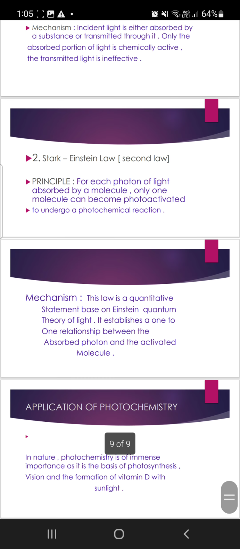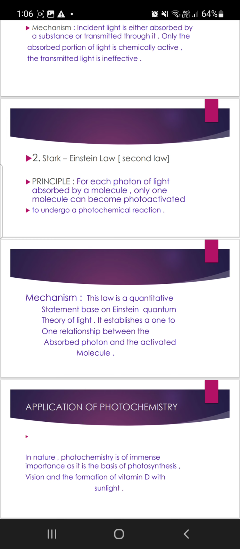The mechanism behind the second law is that this law is a quantitative statement based on Einstein's quantum theory of light. We are all familiar with Einstein's quantum theory of light. It establishes a one-to-one relationship between the absorbed photon and the activated molecule.